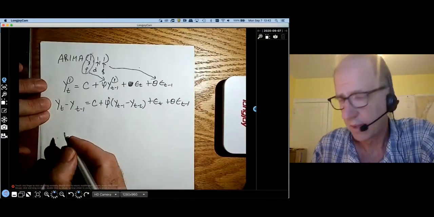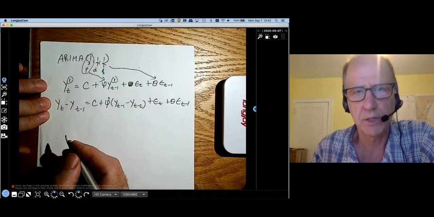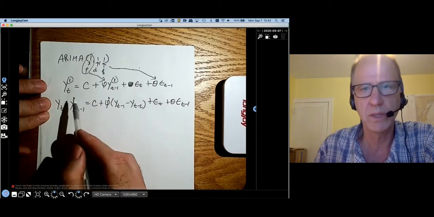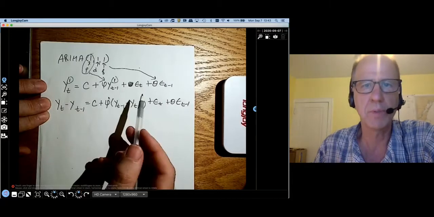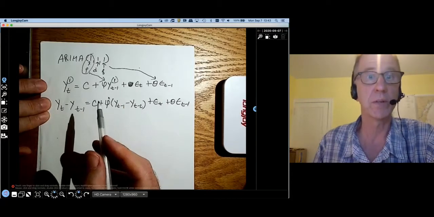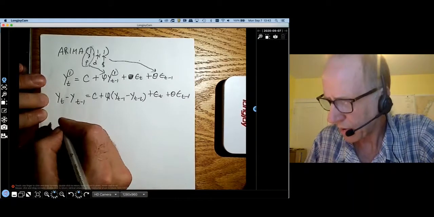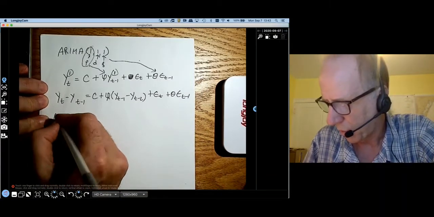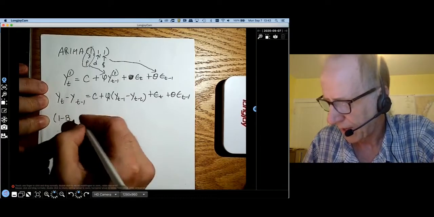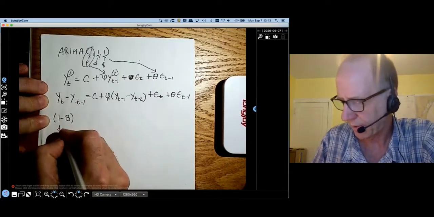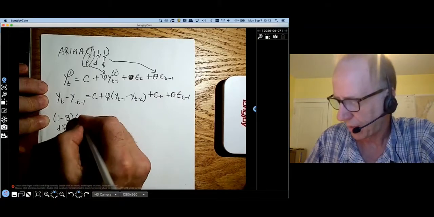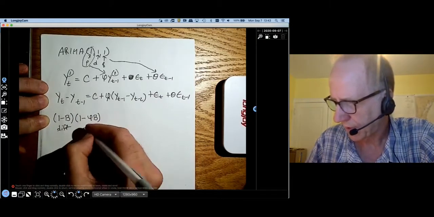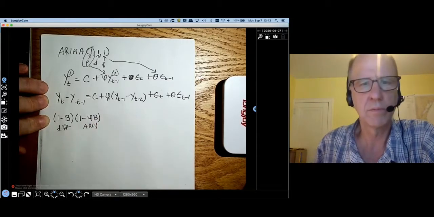We can also write this in backshift notation. So with backshift notation, remember that we put all of our y's on one side and we put all of the epsilons and the constants over on the other side. The way we would do this in backshift notation is we would take 1 minus B, which gives us the difference, and then 1 minus phi B gives us the AR(1) term.